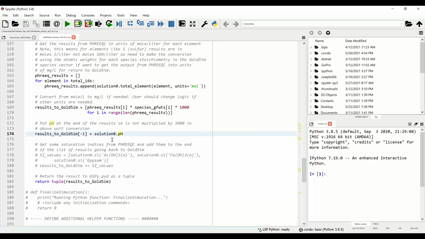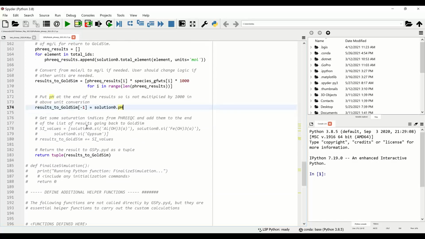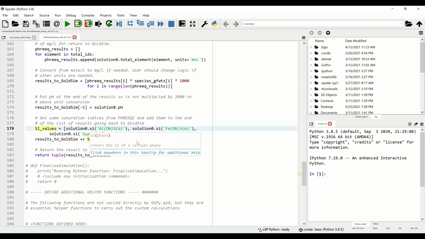Before I go on, I'm going to change this file a little bit just to show you how this works if you were doing this in practice. I'm going to uncomment a couple of lines here to get the saturation indices, because there's also a function called .si, where I can get the saturation indices back for different mineral phases.